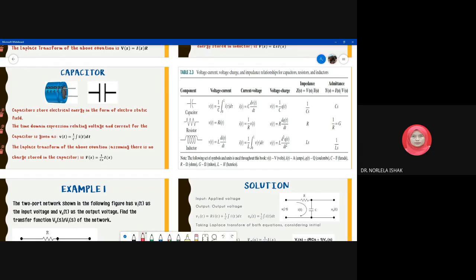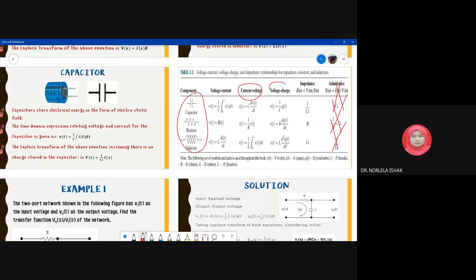The components that will be covered are the capacitor, resistor, and inductor. From here you can see the relationship between voltage and current for each of them, and also between current and voltage.